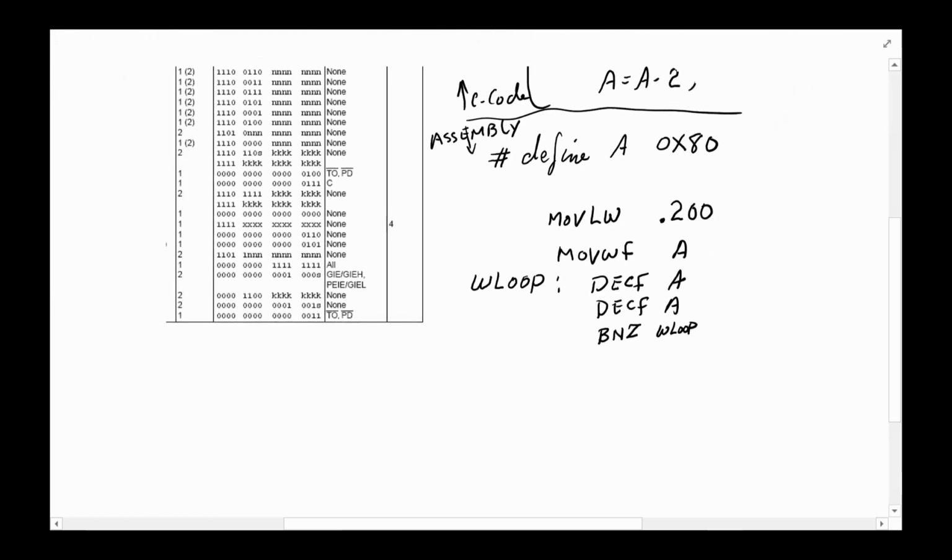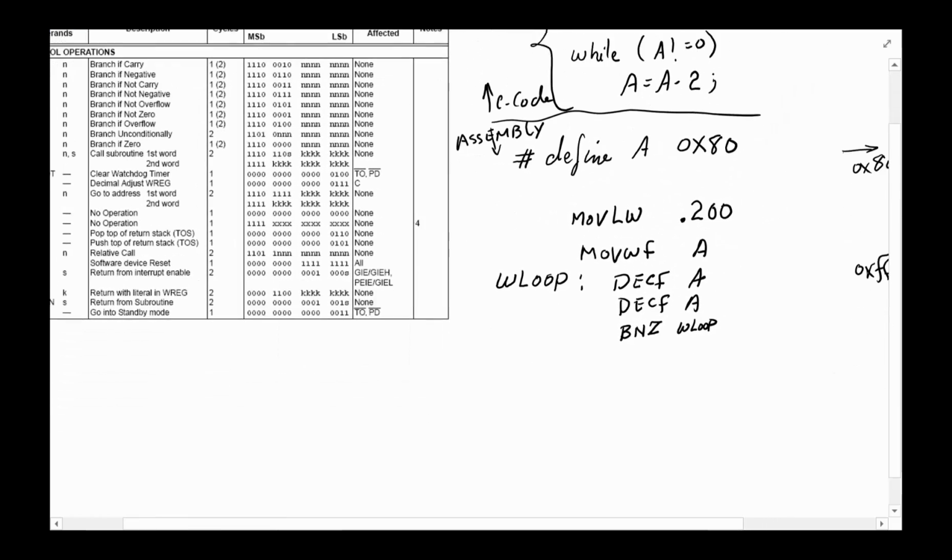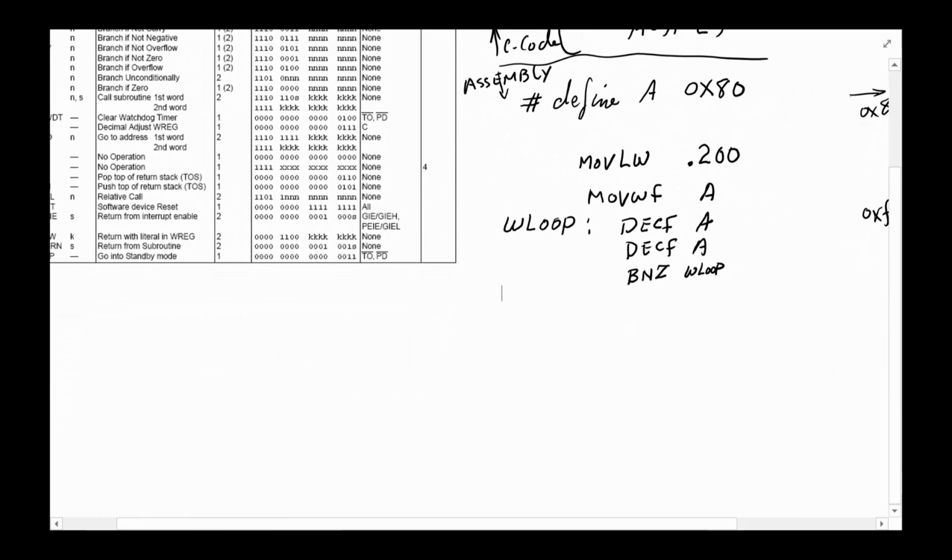Okay, that's great. Now, the obvious next question may be, what is the binary? Somebody might ask us, what is the machine code for the branch not 0 instruction?